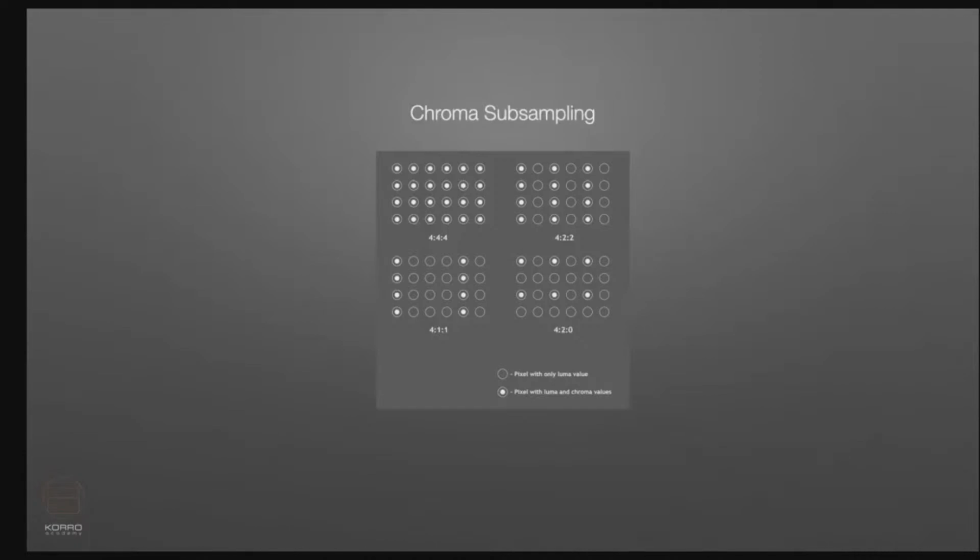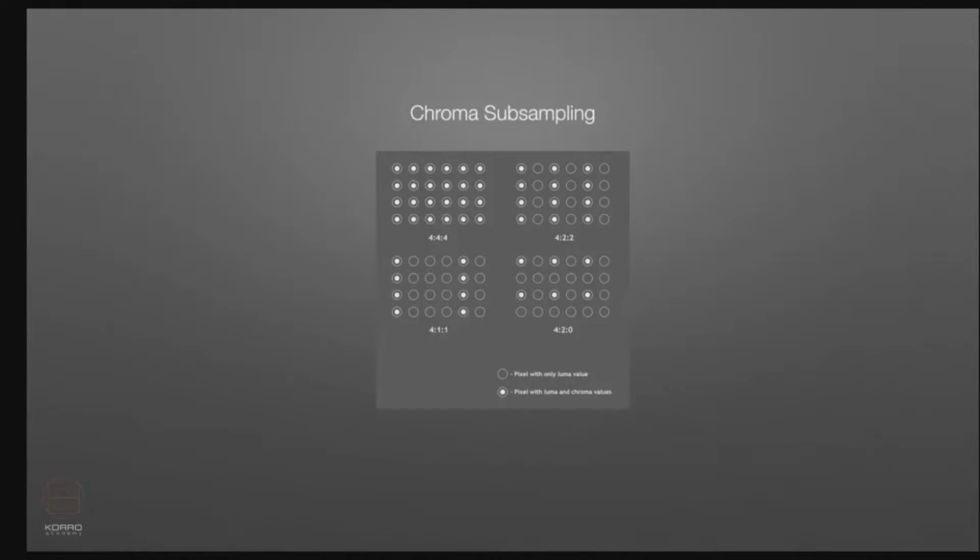So if it's 444, in your sample of 4 wide, you're keeping four chroma values in the top line and 4 chroma values in the next line down. In other words, it's just another way of saying you're not doing anything. There's no subsampling going on.